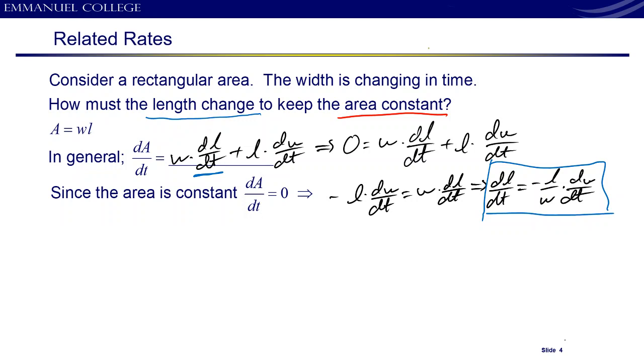So now we know, if the length is changing, what do I have to do to keep the area constant? I have to have it be negative L divided by W times dW dt. So the rate of change of the length is equal to the rate of change of the width multiplied by this negative ratio of the length to the width.